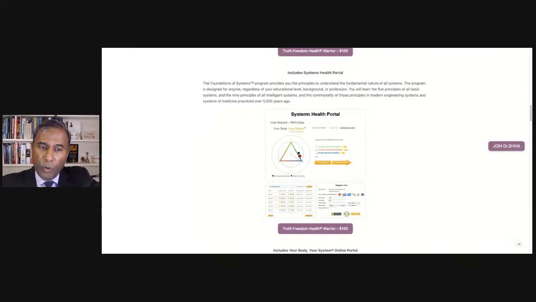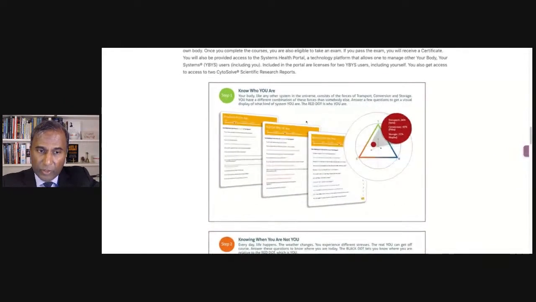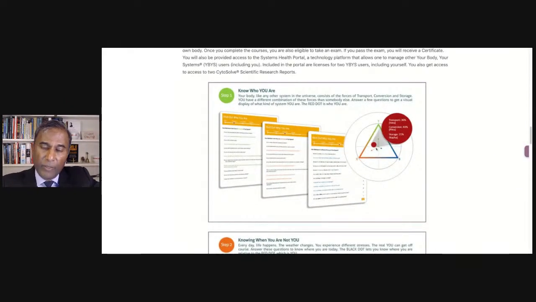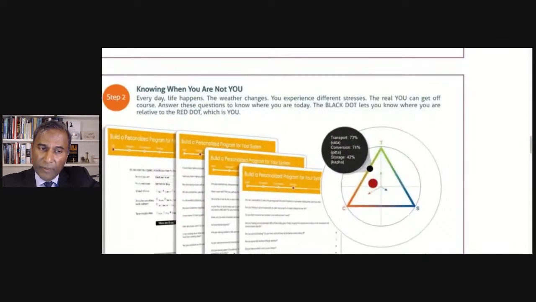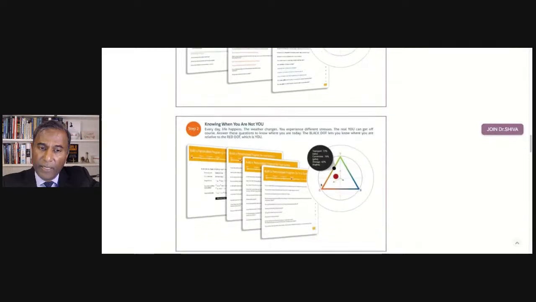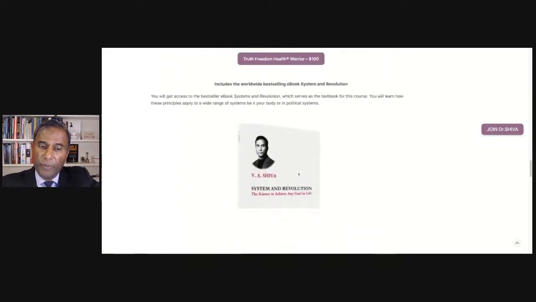Then you get access to a portal. On this portal, you can educate others by helping them understand, for example, how their body is a system. So you answer a set of questions. It figures out what kind of system you are. Then you answer a different set of questions. It figures out how your body may be off course. And then you can understand how foods and supplements, et cetera, bring you back on course.